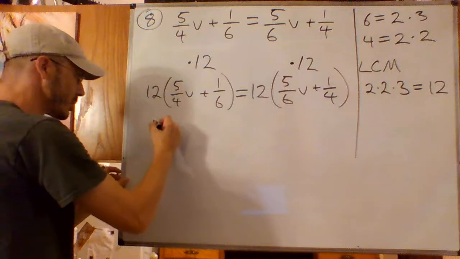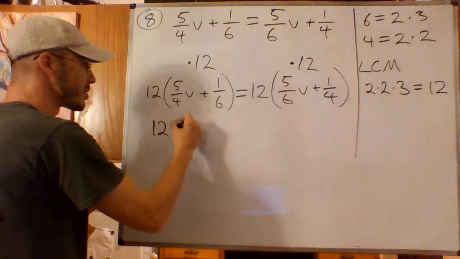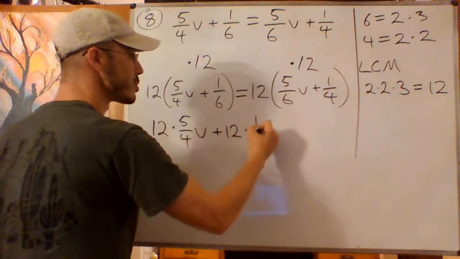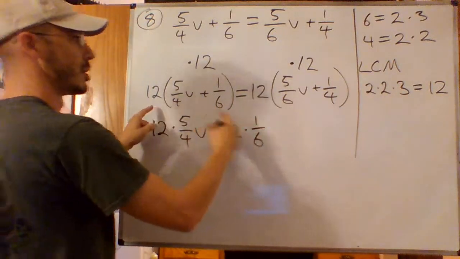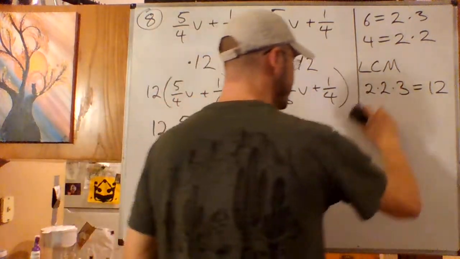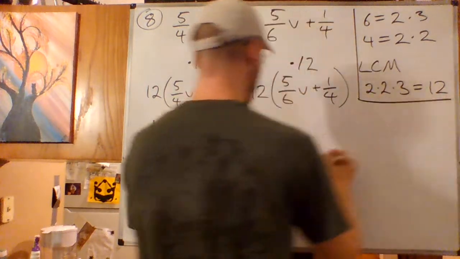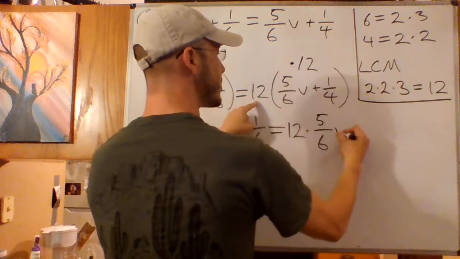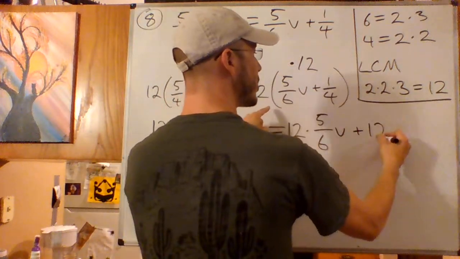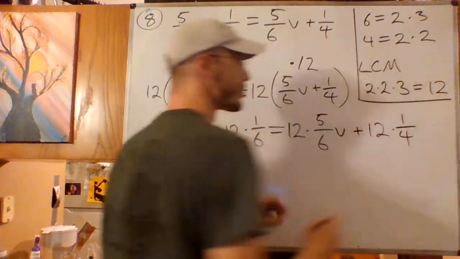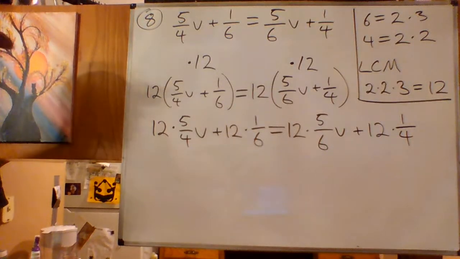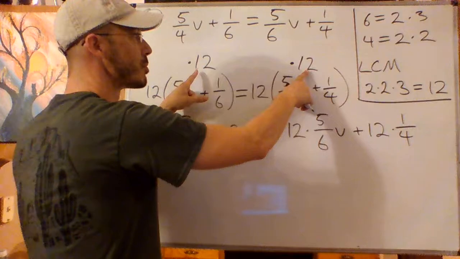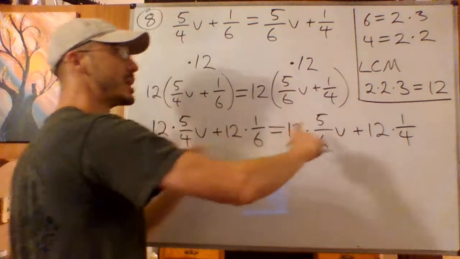Let's look at it one step at a time. 12 times 5/4 v plus 12 times 1/6 equals 12 times 5/6 v plus 12 times 1/4. So that's really completely expanded with multiplying by the LCM of the denominators, but also distributing it.